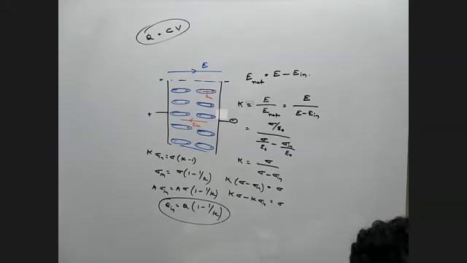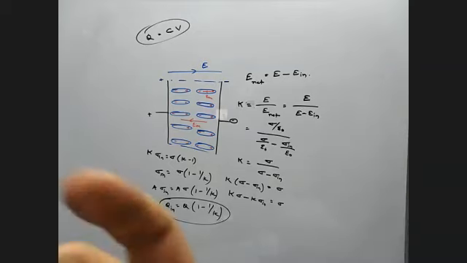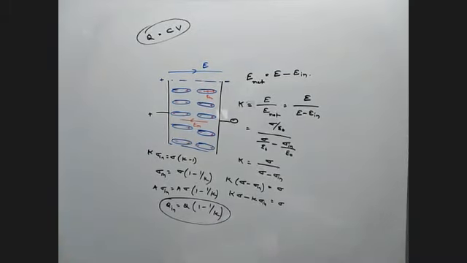After full charge, disconnect the battery and insert a dielectric slab with dielectric constant K equals 4. Find the new charge induced on the slab after the insertion.